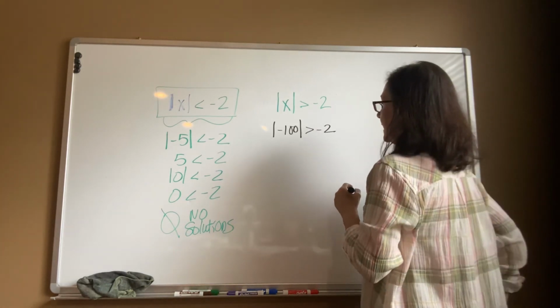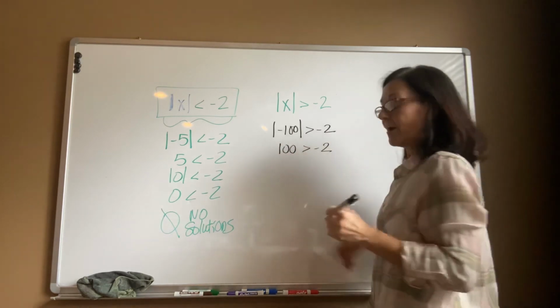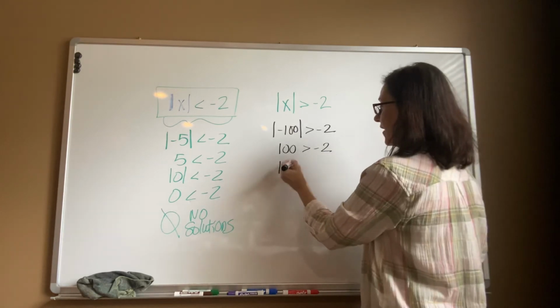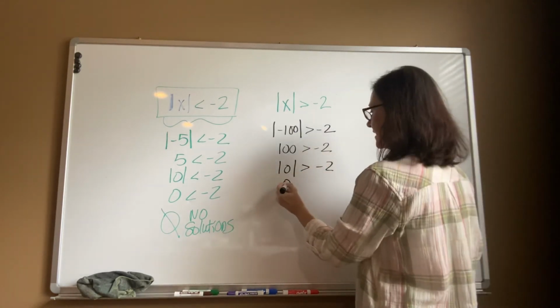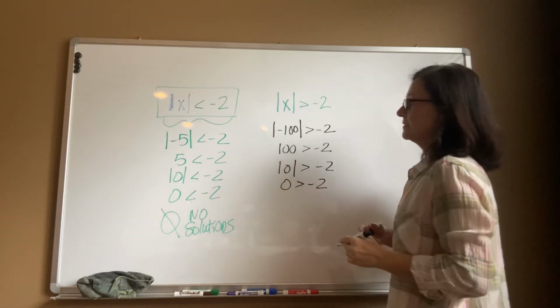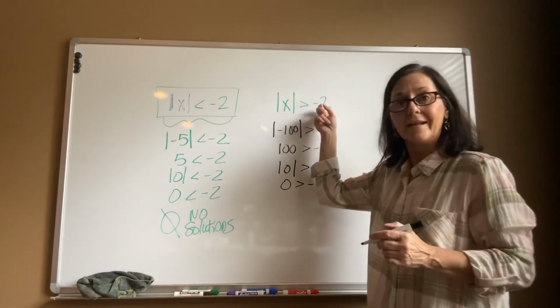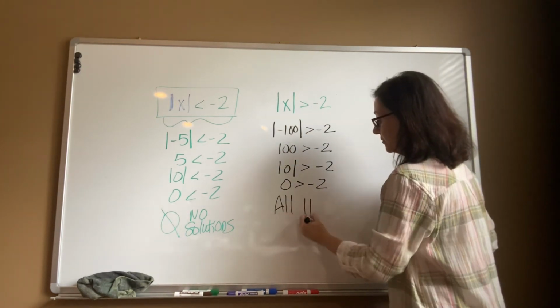However, when I take the absolute value of -100, or I could take the absolute value of 0, 0 is greater than -2. So when you have the absolute value greater than a negative number, this is going to be all reals.